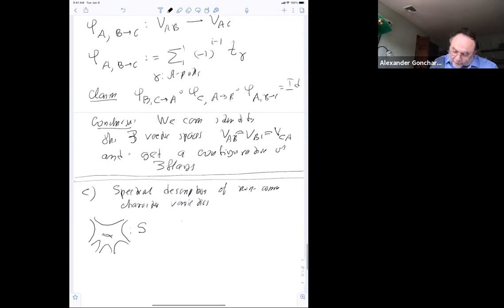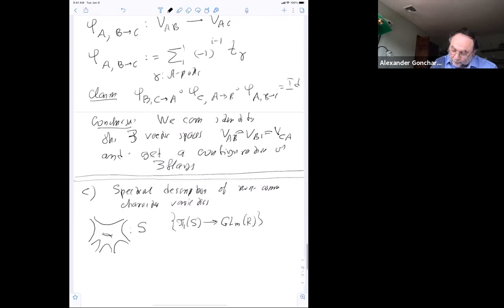And we consider the moduli space of local systems here, which is just representations to GL_m(R), where R is our non-commutative ring, considered modulo conjugation.